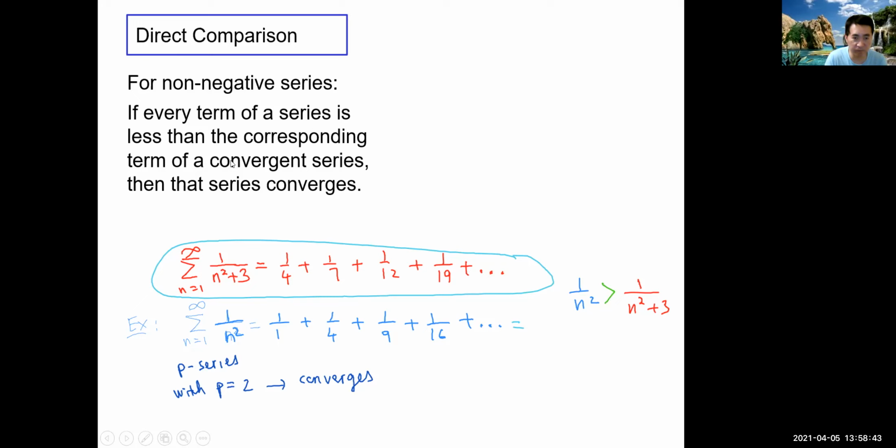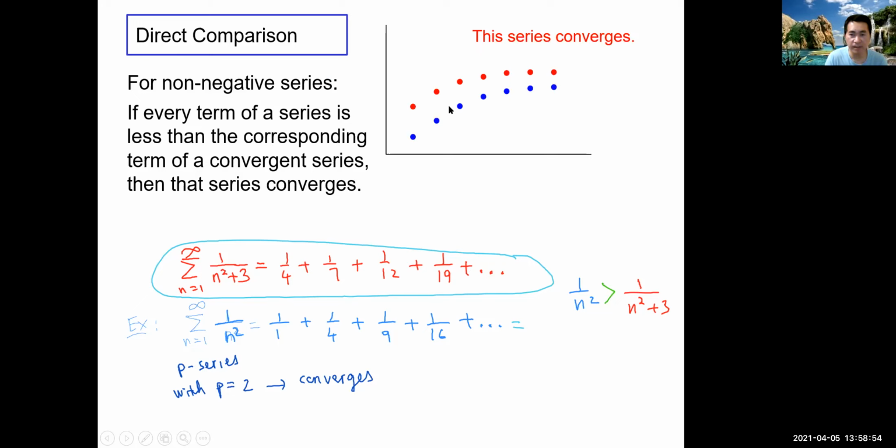then this series must converge because the sum is smaller.